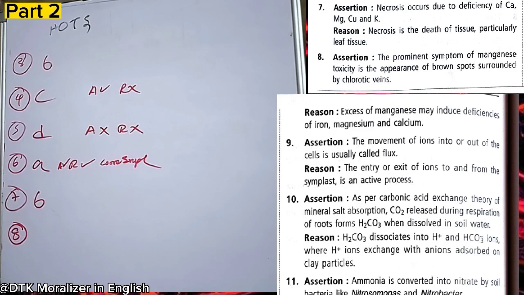Now question number 8. The prominent symptom of manganese toxicity is the appearance of brown spots surrounded by chlorotic veins. Yes. Excess of manganese may induce deficiency of iron, magnesium, calcium. Yes. Here, the prominent symptoms of manganese toxicity are mentioned. Both are right, but not a correct explanation of the assertion.